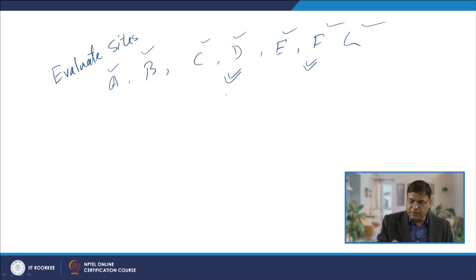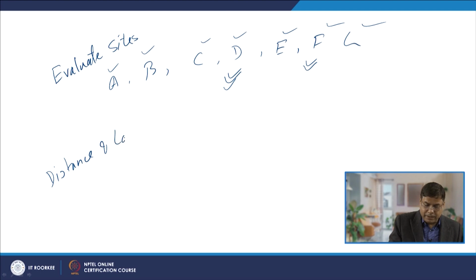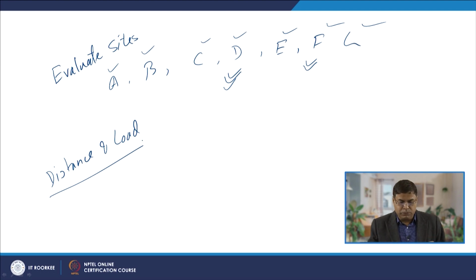The warehouse can be located either at D or F. Whether D will be good or F will be good, that choice can be made easily using this kind of method, considering the distance to be travelled from these potential sites to the different distribution points and the load to be transported, the volume of movement, how many weights, how many units, how many trucks need to be transported from the warehouse to these different distribution points.